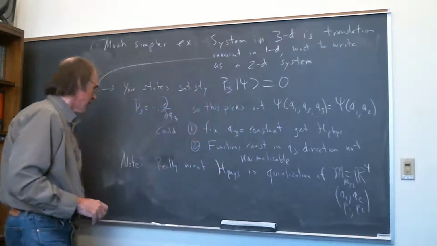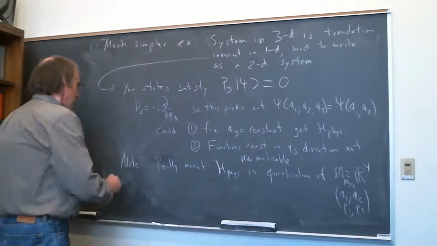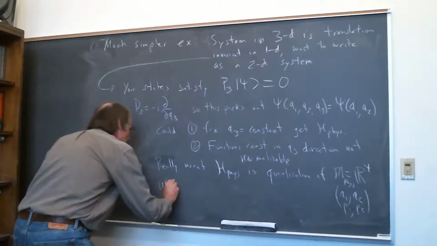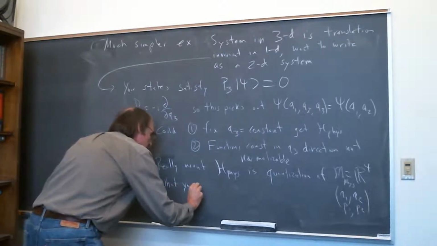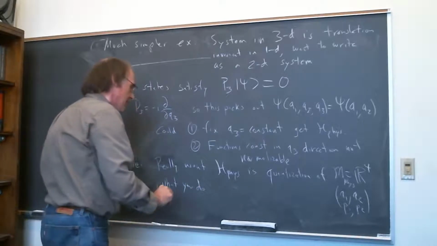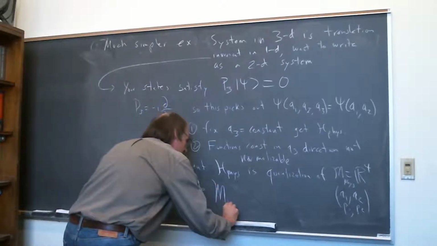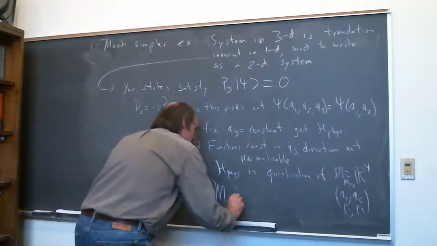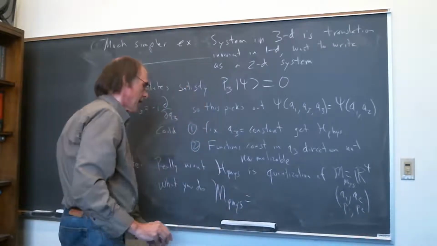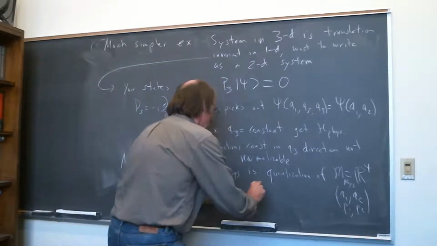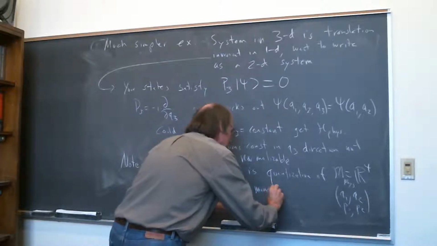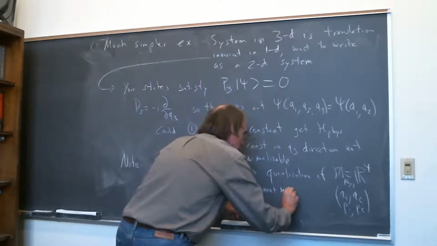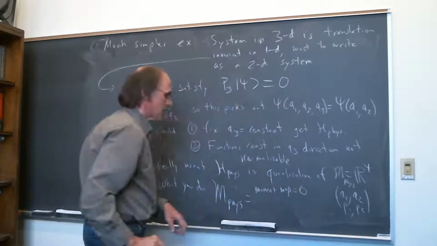What you do is you take M phys, the physical space, and you take the moment map equals 0 subspace.